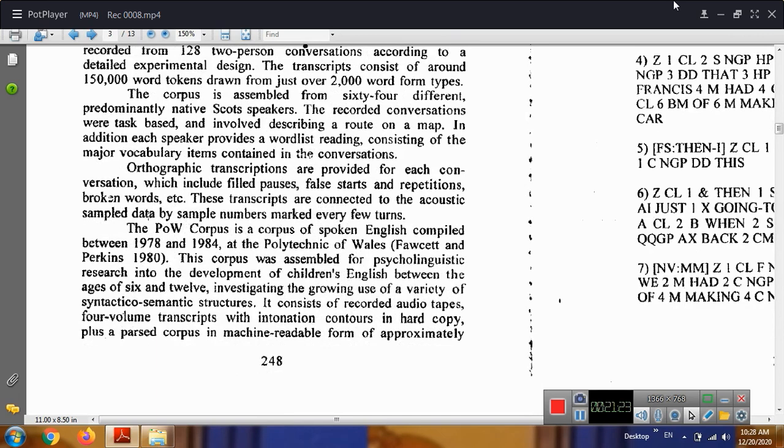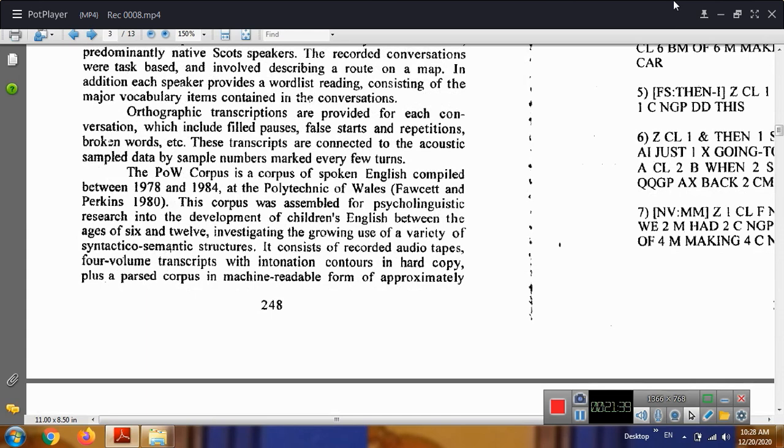Orthographic transcriptions are provided for each conversation, which include filled pauses, false starts, and repetitions. These transcripts are connected to the acoustic sample data by sample numbers marked every few turns.